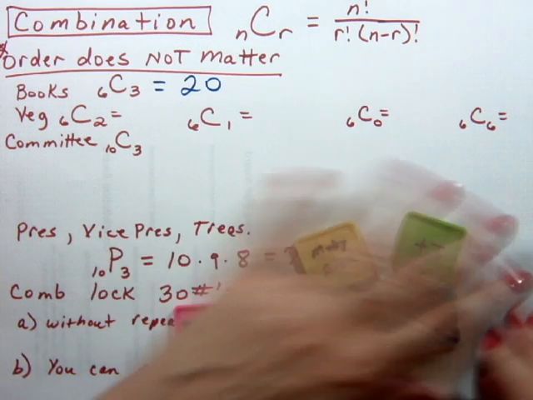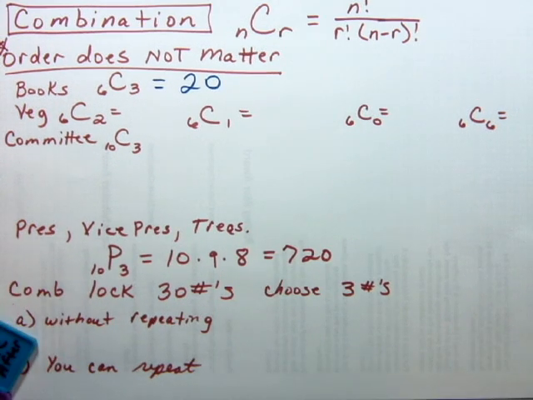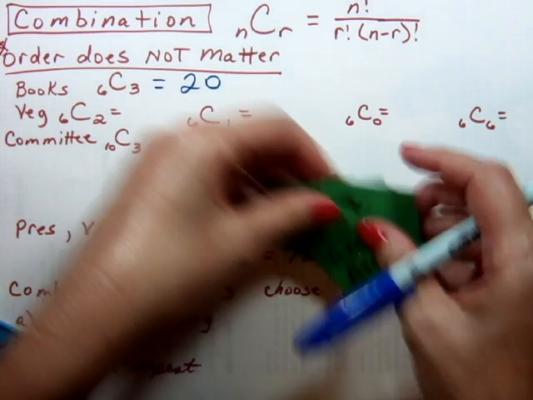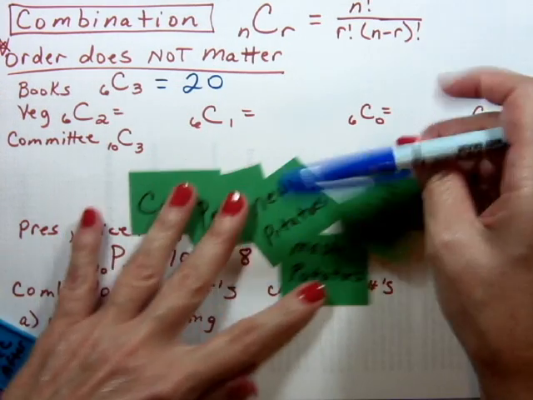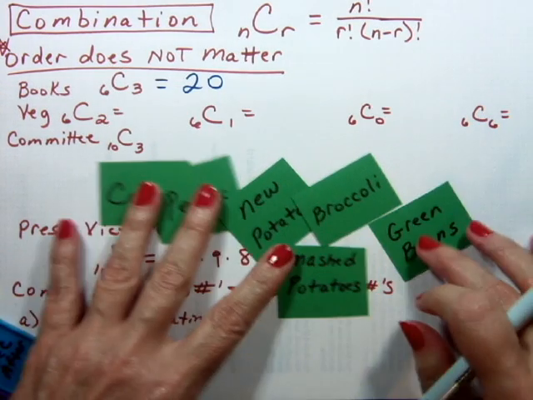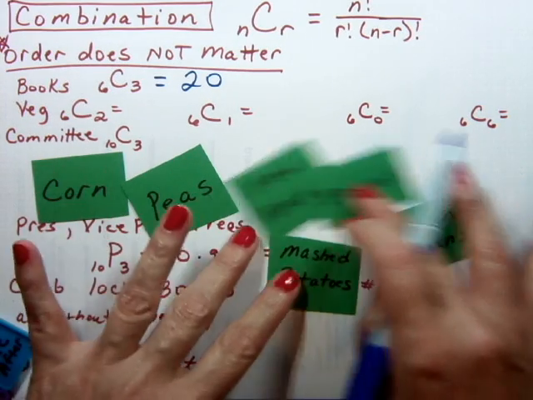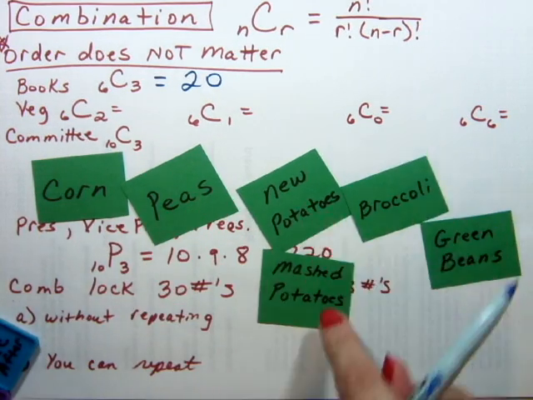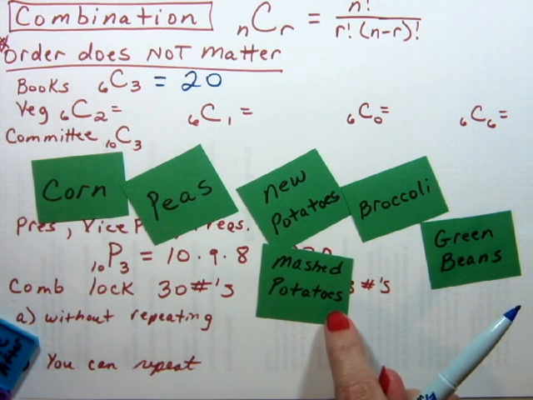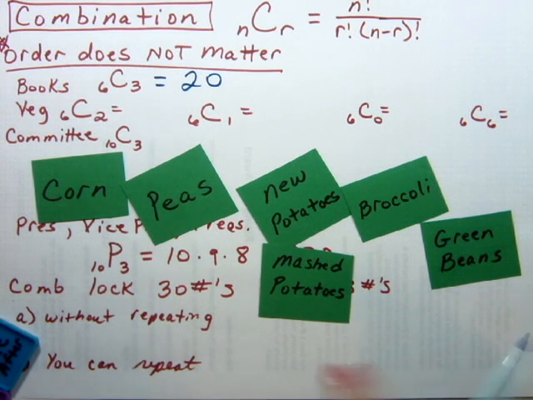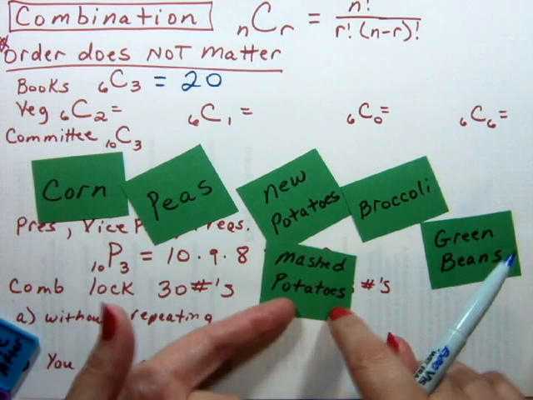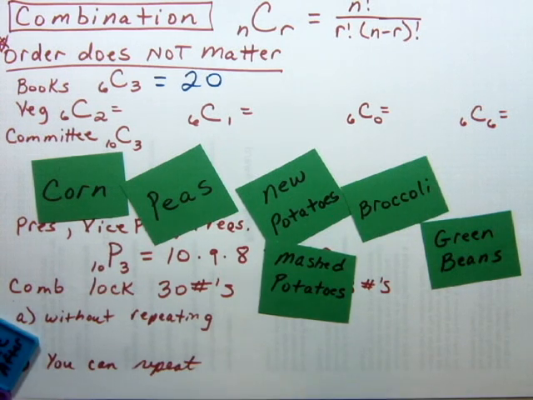Now, another thing I like to think about with this is like when you go to Luby's and you get vegetables, I wrote this out. If I have 6 vegetable choices here, and I say, okay, you're at Luby's, here are your vegetable choices. Notice new potatoes and mashed potatoes are different. Those are completely different, I know, because there are a lot of people that do not like mashed potatoes and they love new potatoes, or vice versa.